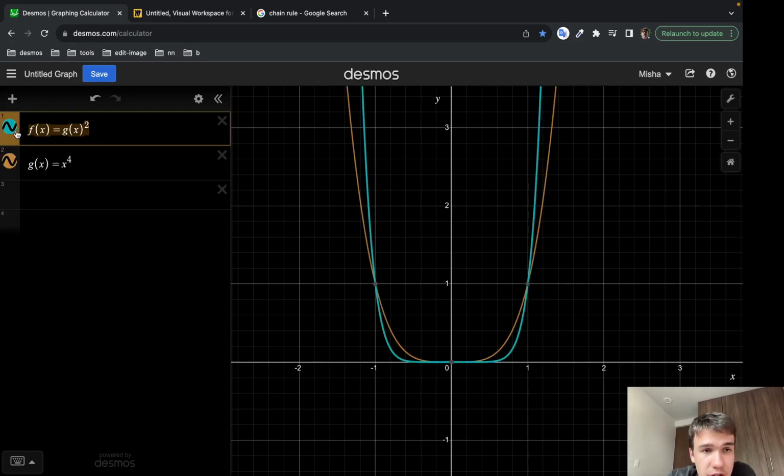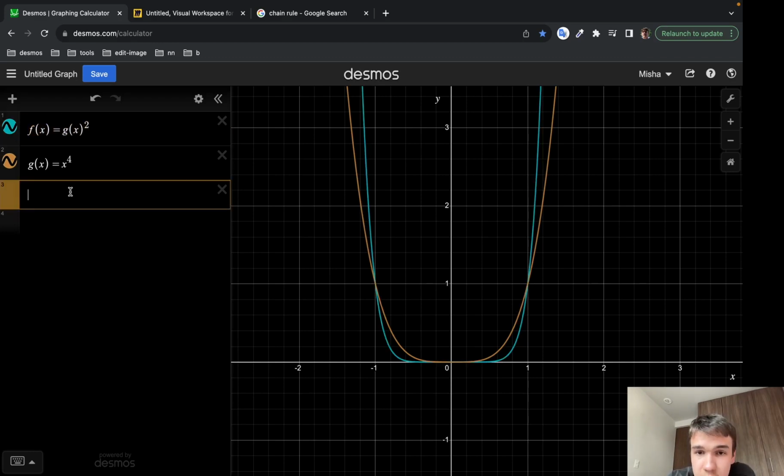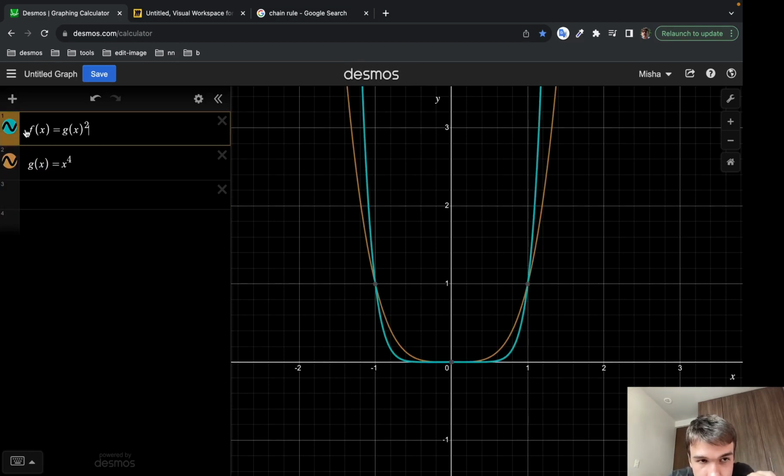Now we have the function inside the function, and let's use the chain rule. So in order to use the chain rule, we need to be familiar with derivatives. So the question here is, what is the derivative of g of x, and what is the derivative of f of x? Okay, so what is our f of x? It's basically x to the power of 2, right?